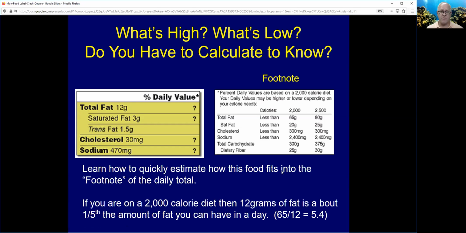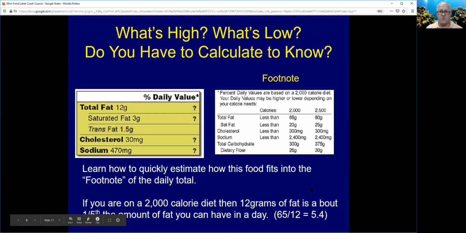So for example, if you have a food that has 12 grams of fat and you know that the amount of fat in a 2,000 calorie a day diet shouldn't exceed 65 grams, well, all you do is you take the 12, divide that by 65, and you see that you have 5.4%.